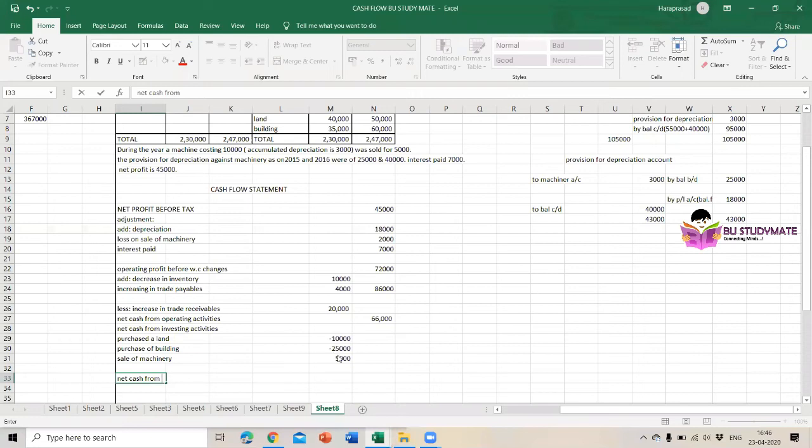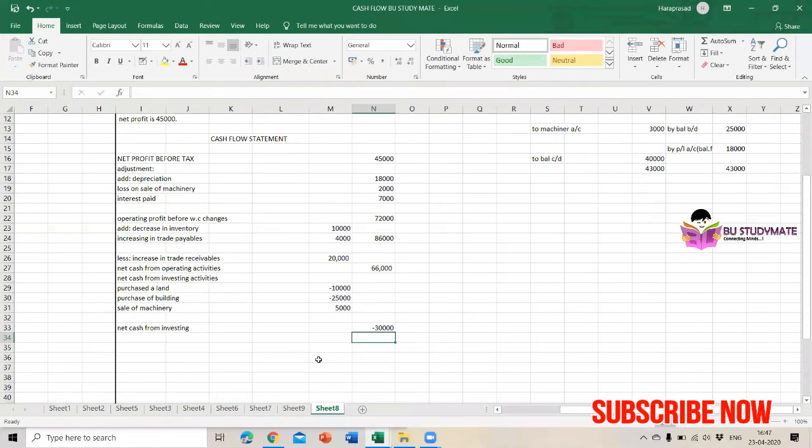You calculate this one: minus 10, minus 25 and plus 5, minus 30,000 we are getting. And cash flow from financing activities, last one.